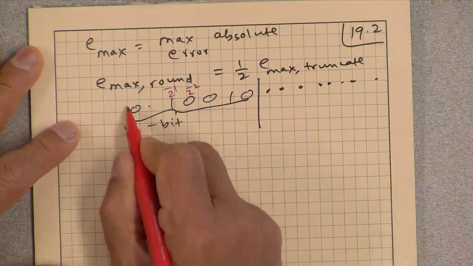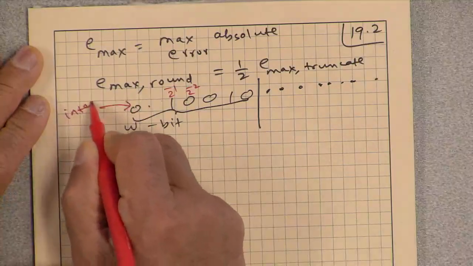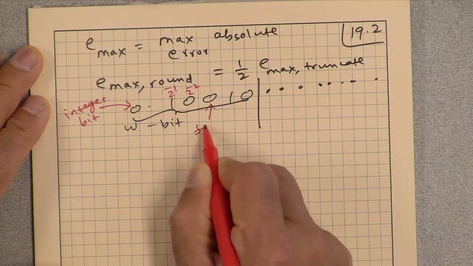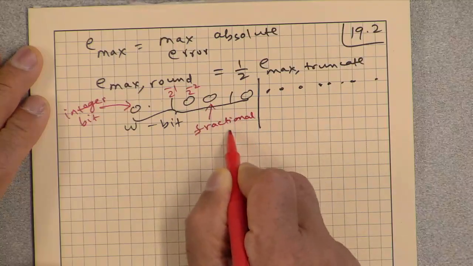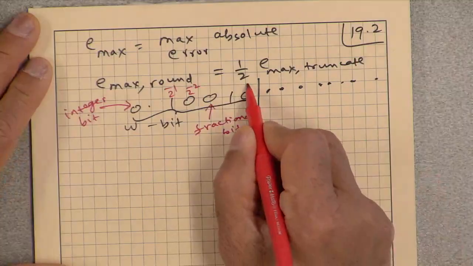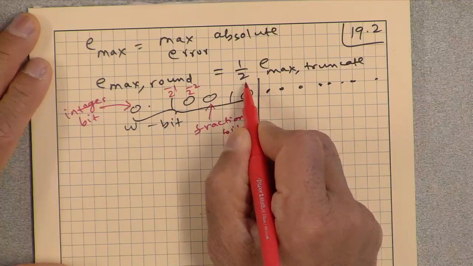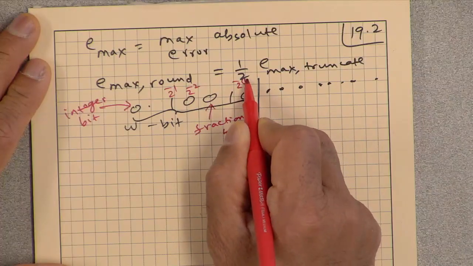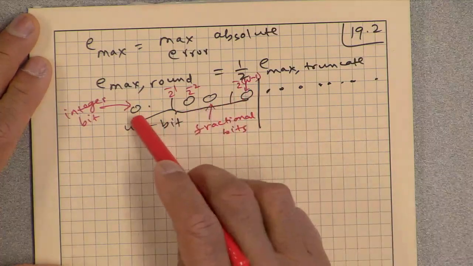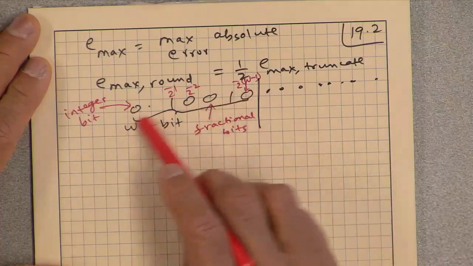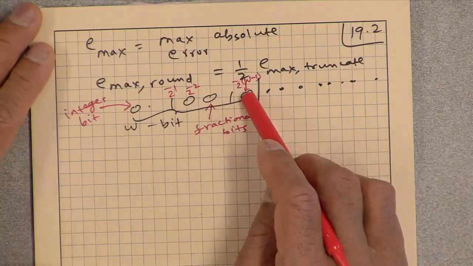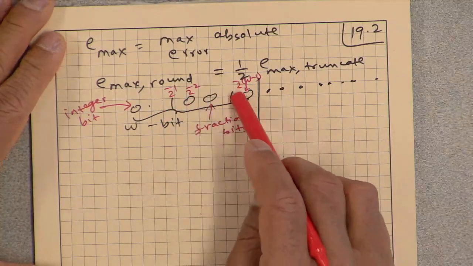The sign bit is called an integer bit, and these are called fractional bits, or sometimes decimal bits. And what is the weight of the last one? That's going to be 2 to the power minus W plus 1. In this example, if W is 6, there are 6 bits, 1 is the sign bit, and 5 bits are fractional bits. The weight of the last one is 2 to the power minus 5.